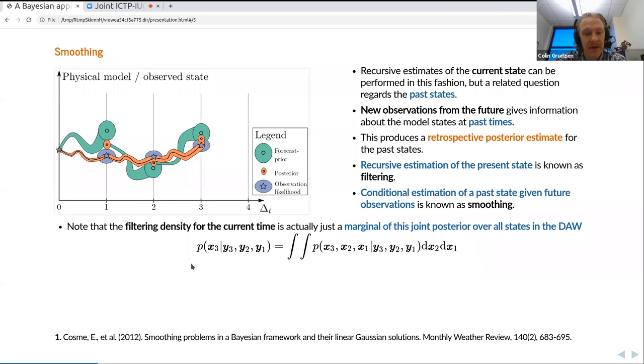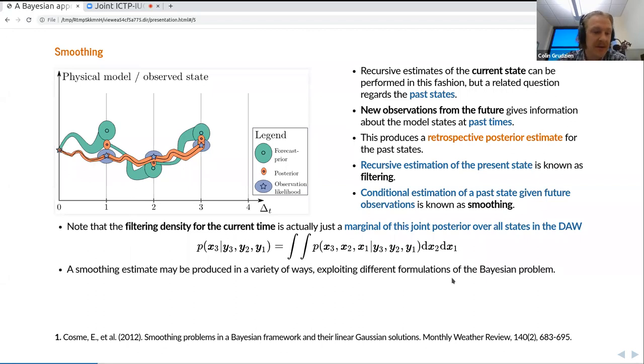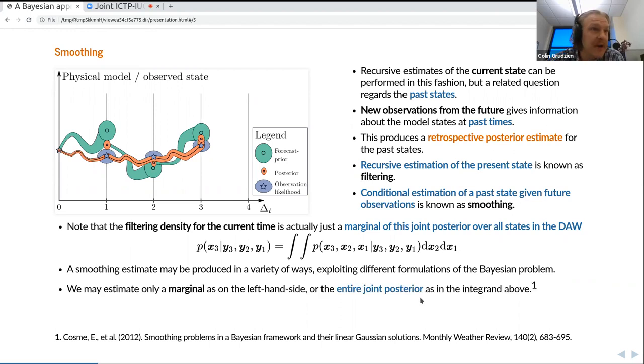And so, again, this is to make the connection between these two types of problems, because a smoothing estimate can be produced in a variety of ways where we exploit different formulations of the Bayesian problem. Particularly, we might only estimate a marginal as on the left-hand side, or perhaps the entire joint posterior as in the integrand.